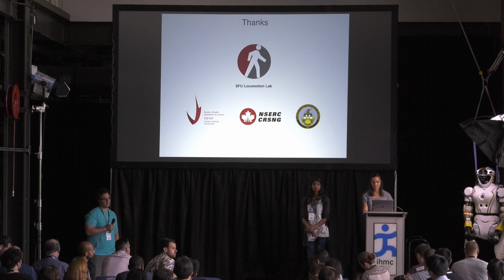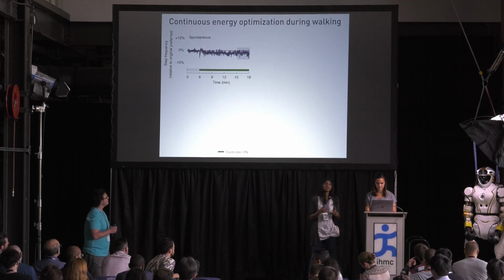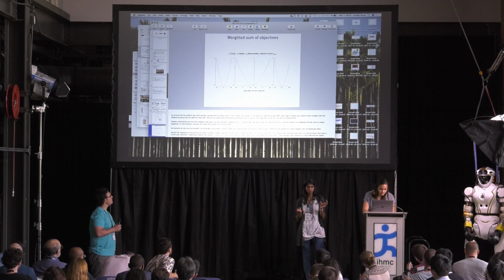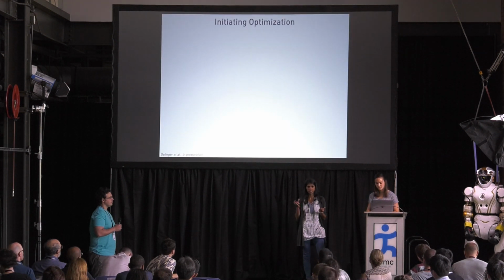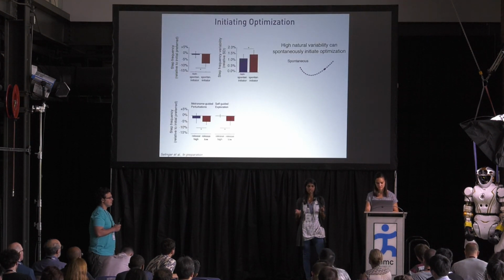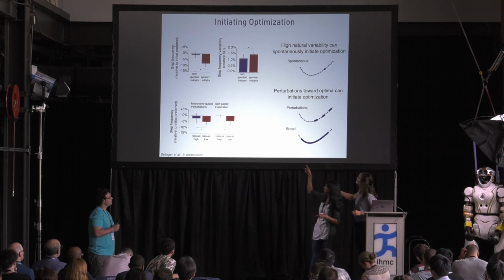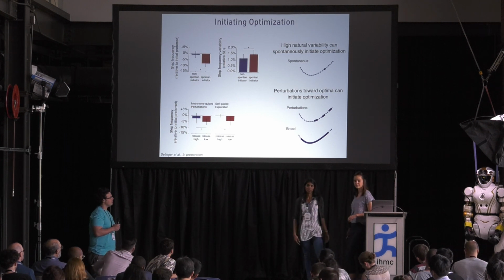So actually, we do have a slide from Salinger. She found that there were two groups of people, some who spontaneously initiated optimization, some who did not. And she found that the people who did spontaneously initiate optimization had a higher variability in their step frequency, as you can see in the red. So we do think there is some relationship, which is exactly what you're saying.